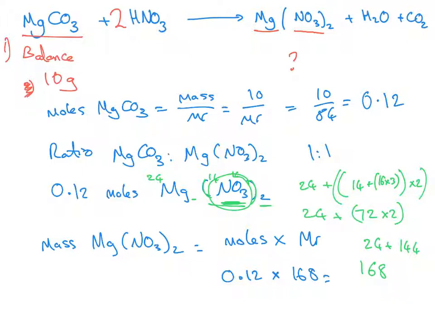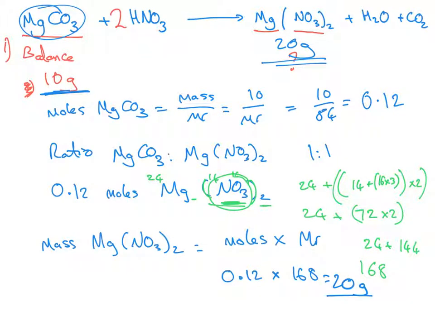So doing that calculation, equals 20. So if you start with 10 grams of this, you'll make 20 grams of this, in theory. Again, I'm happy with that.